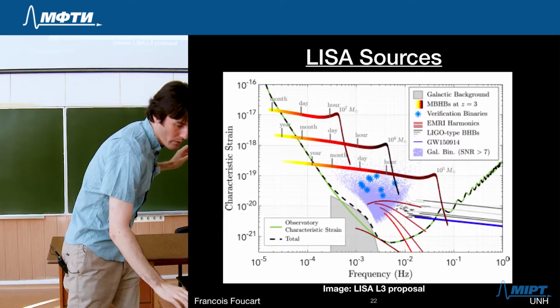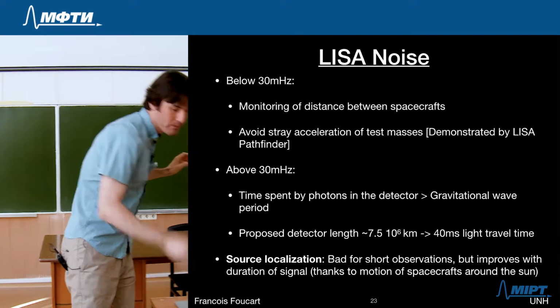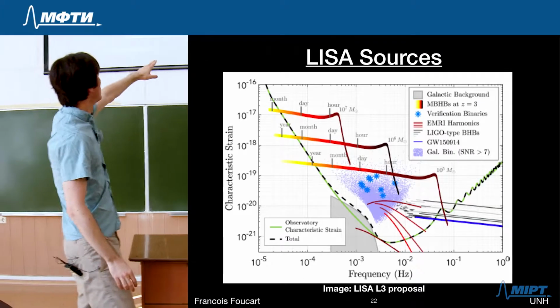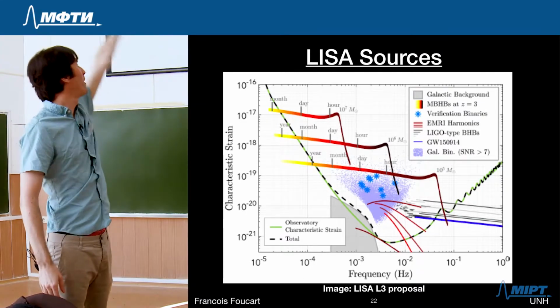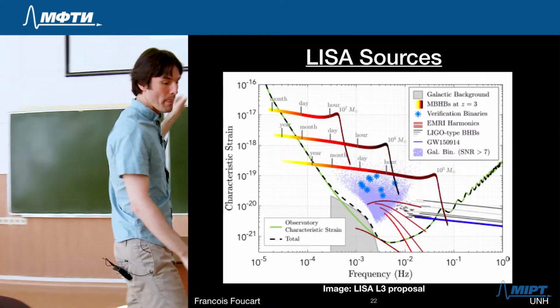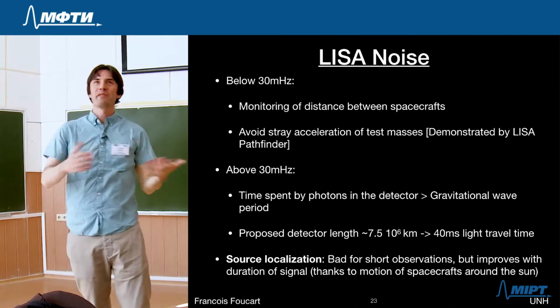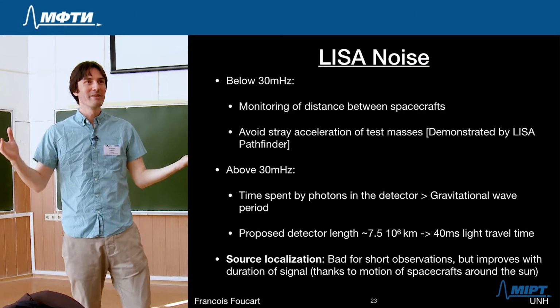And we had a few questions about the main sources of noise in this detector. Below about 30 millihertz, so the downward going part of the noise curve here, what limits you is spacecraft technology and our knowledge of the gravitational potential of the solar system.